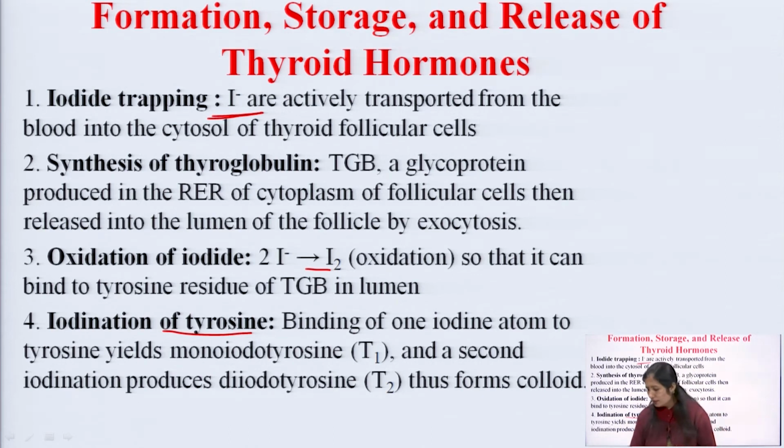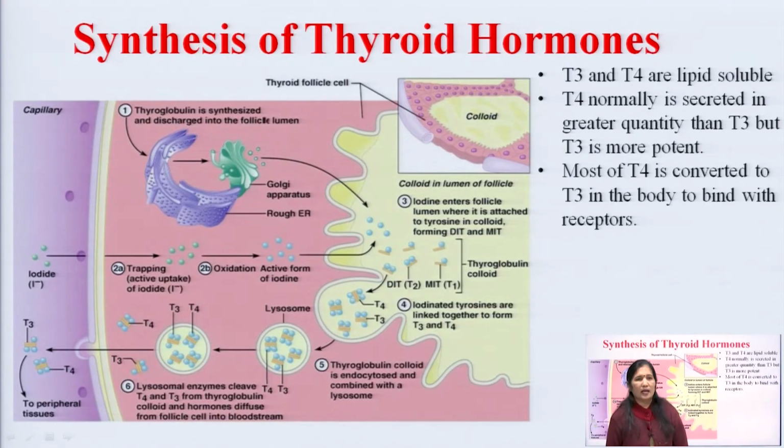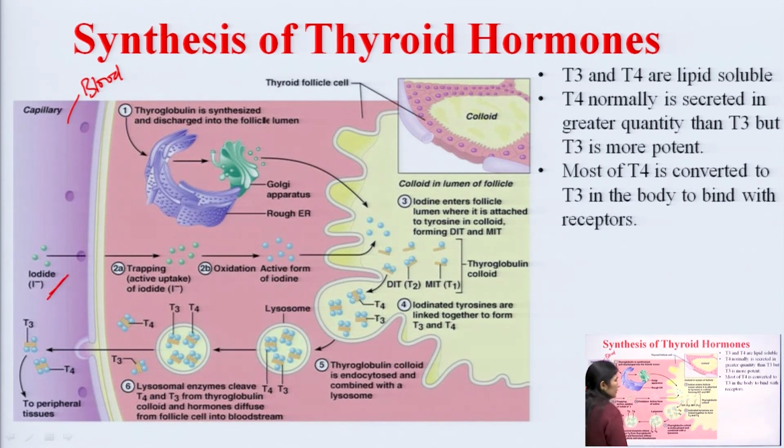So, this is more clear with the help of this diagram. We have seen this is blood capillary, this is blood. In the blood, iodide is present. This iodide enters inside the cytoplasm of the thyroid follicular cell.